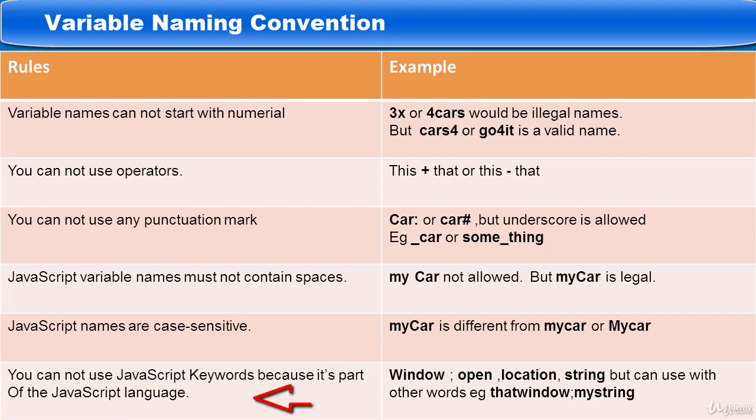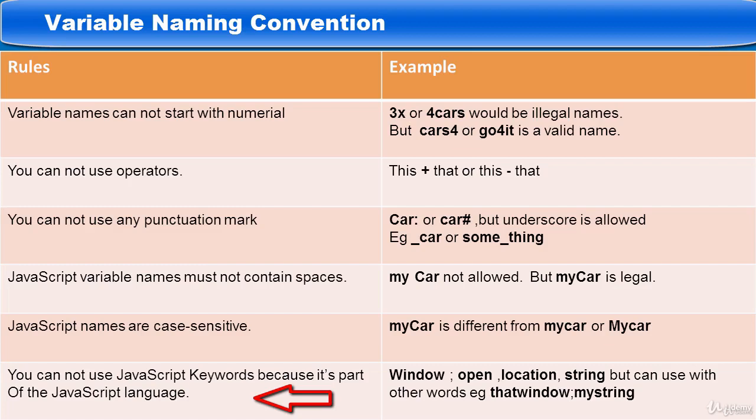Finally, you cannot use any JavaScript keywords. Keywords are parts of the JavaScript language itself. You can't use any of those for variable names. For example, window is a keyword in JavaScript. It's part of the language. Things like open are part of the language. Location or string, those are all part of the JavaScript language, so it is illegal to use them on their own.